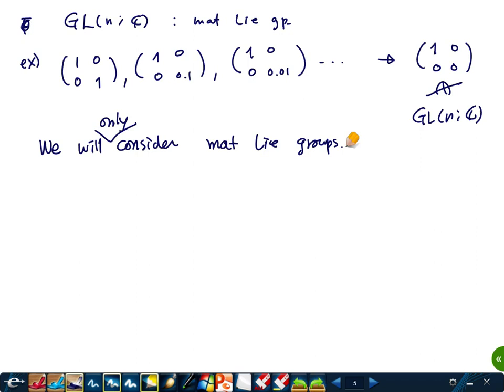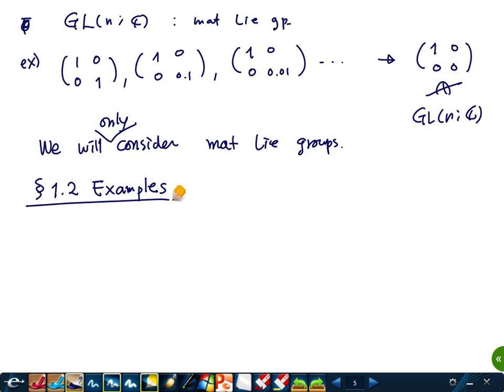Matrices are quite concrete, so they're easier to deal with and understand. Still, all the useful and important examples are matrix Lie groups. So in this semester, we will only consider matrix Lie groups. The definition is easy enough. We have seen some non-examples. So now let's look at examples of matrix Lie groups. These examples will appear very frequently.